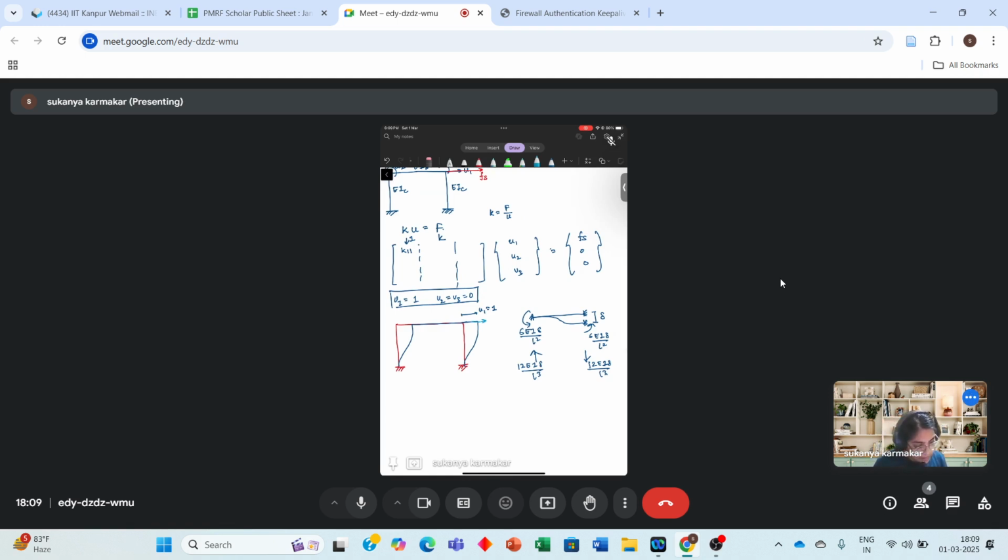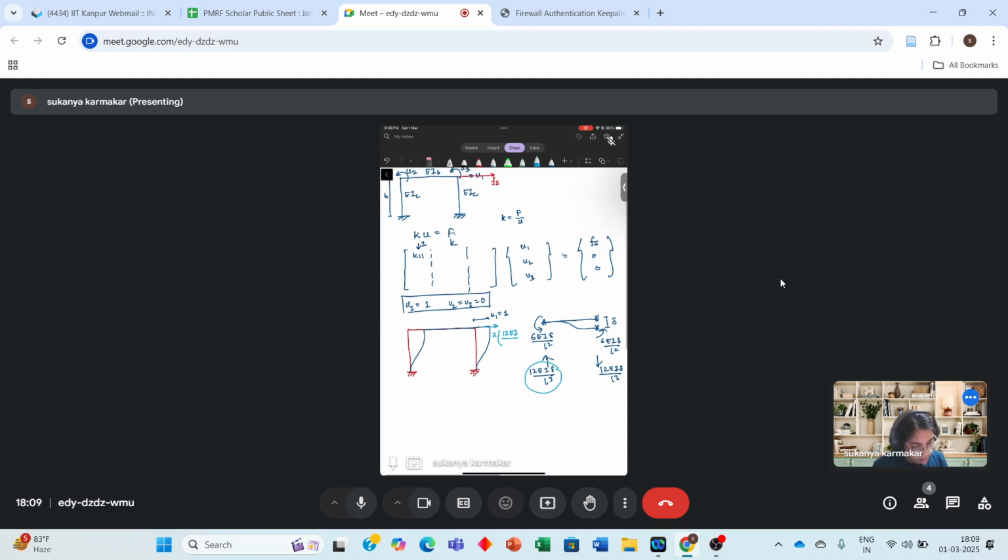K11 will be this term, but this is only for one column. Since there are two columns, it will be 2 into 12 EI delta, with delta equal to 1, by h cube, where h is the length of the column, and EIc. So is this term clear?